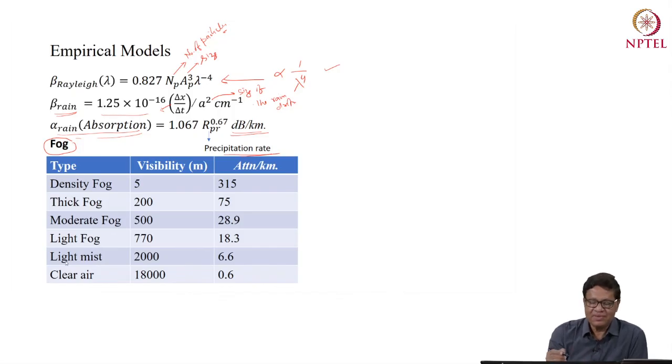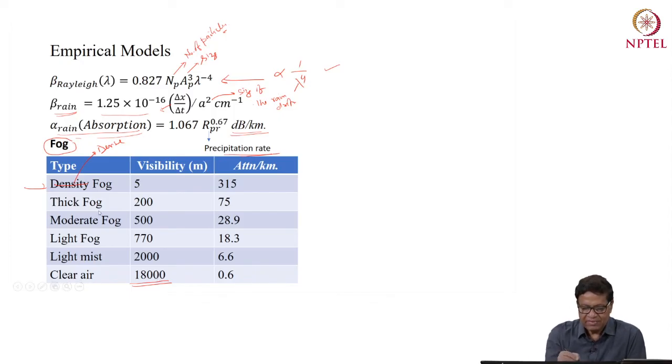Suppose you have a 5-meter visibility, that is classified as dense fog. If the visibility is up to 200 meters, it is thick fog, and so on. For clean air, the visibility can be about 18 kilometers, which is quite high.